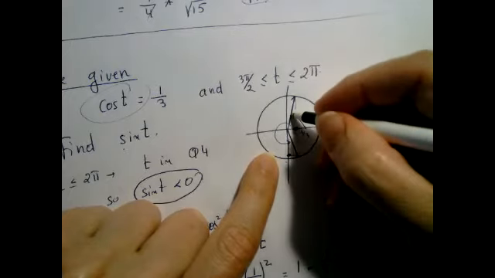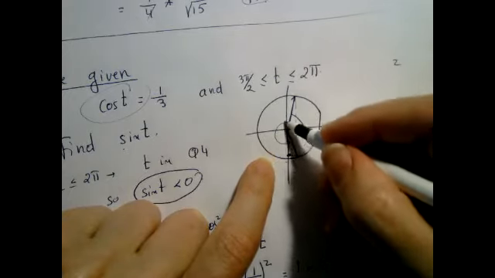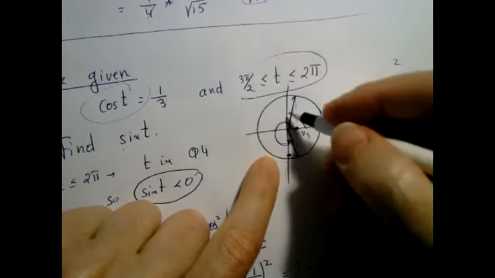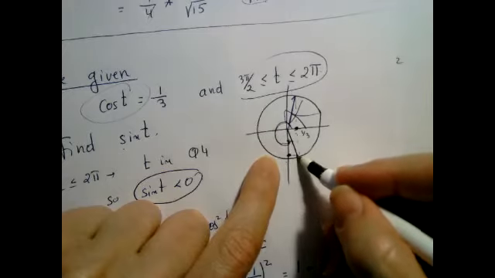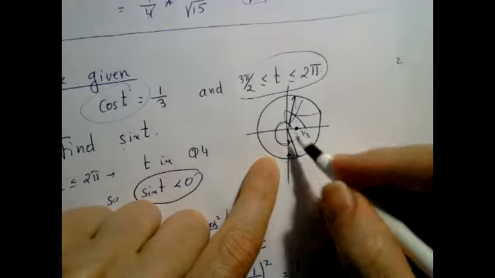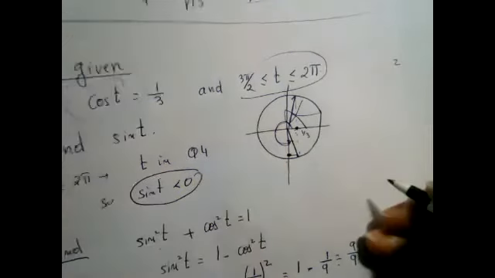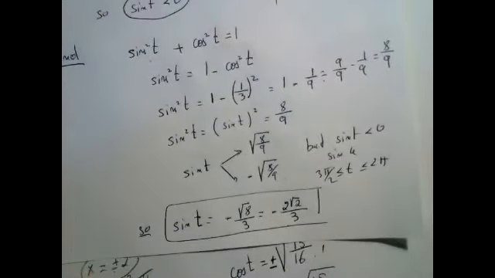There is this one, and there is the big one up to here. But because they are telling me t is in this range, they are looking for the angle in the fourth quadrant. Since this is the angle, my sine will have to be a negative number. So when I find the value of the sine, I pick the negative number. All right, questions before we proceed to other identities?